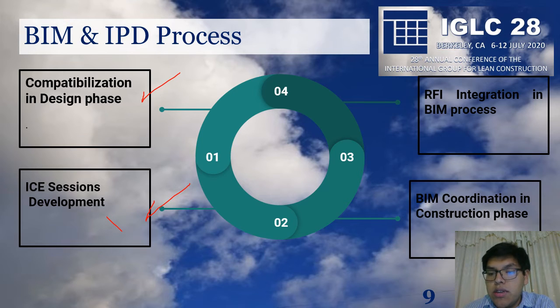Another, when we are in the construction phase, it was necessary to mention all the inputs and outputs for coordination between subcontractors. And finally, we integrate the use of BIM, or the support of BIM, into the RFI integrations, which is a formal request for information.